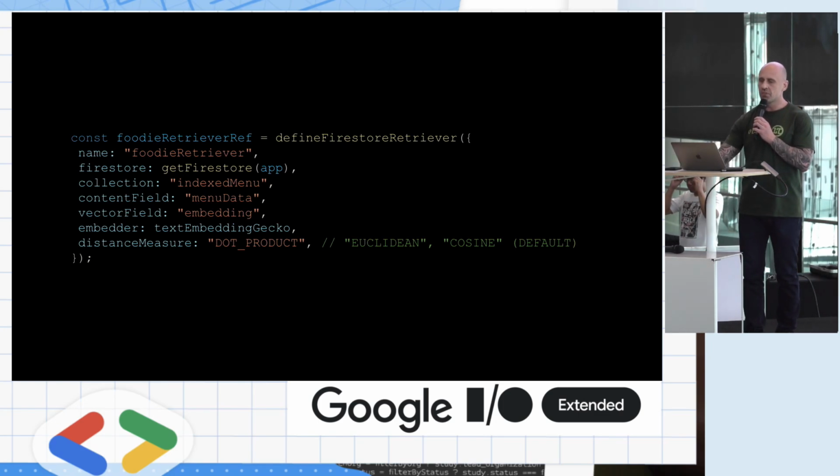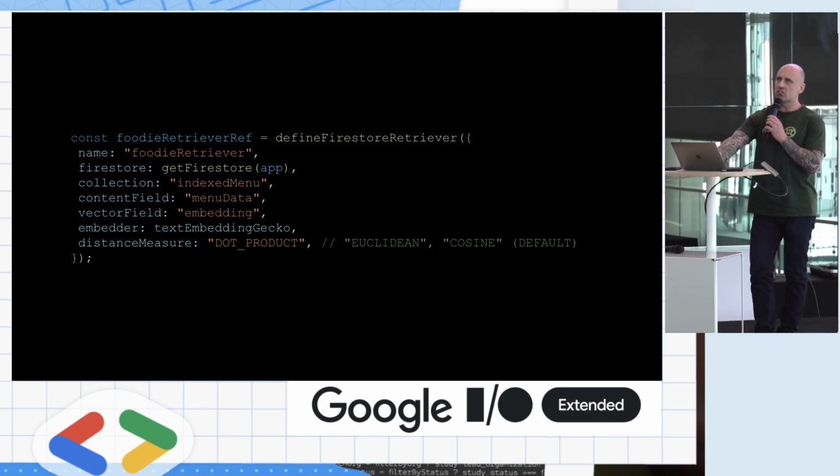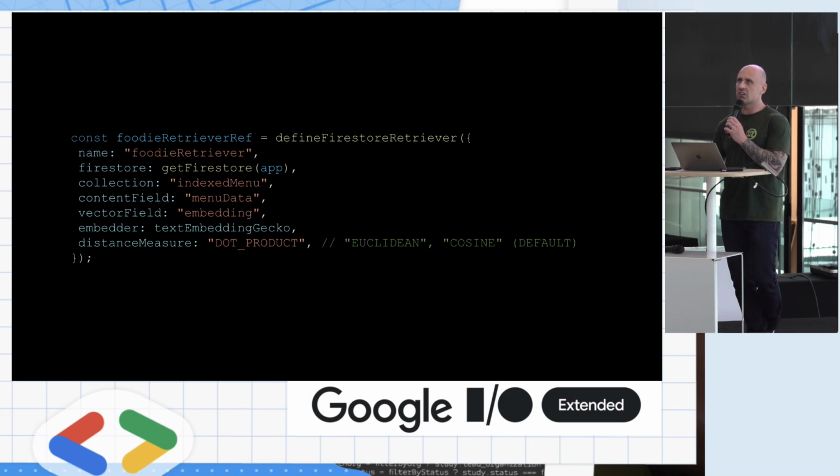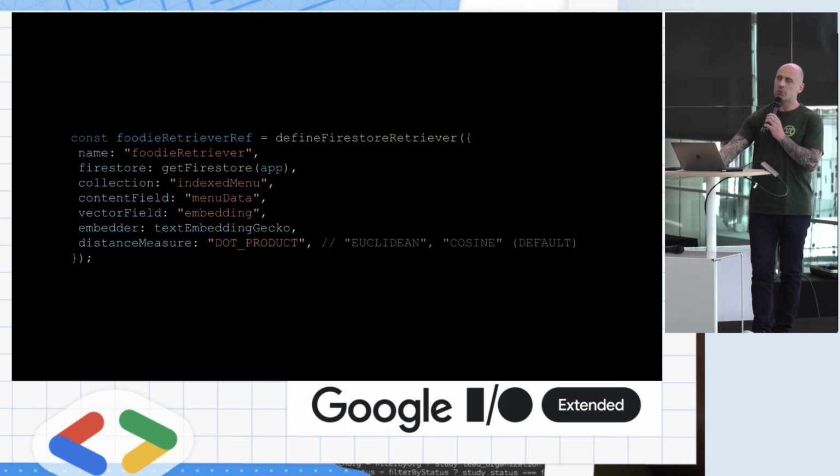We tell it which collection contains all of these vector embeddings. We tell it which is the field to process for vector embeddings, and which is the field that contains the vector embeddings. And the rest is just boilerplate stuff you can set up, and it works pretty well out of the box.